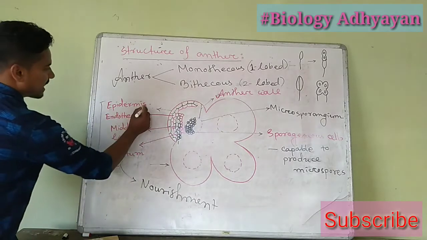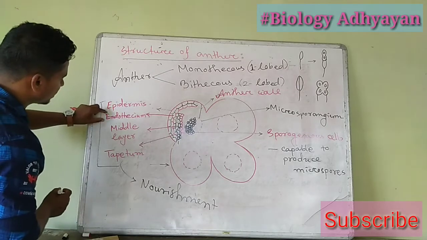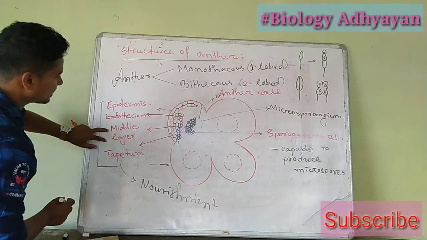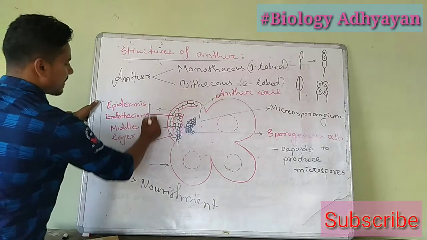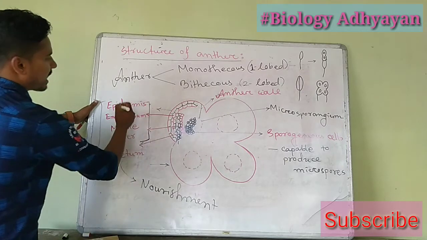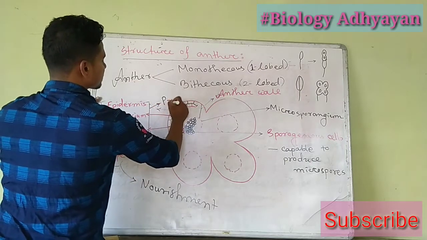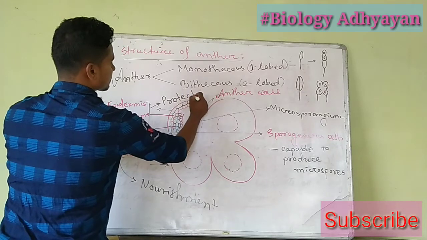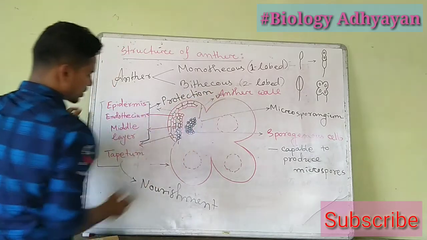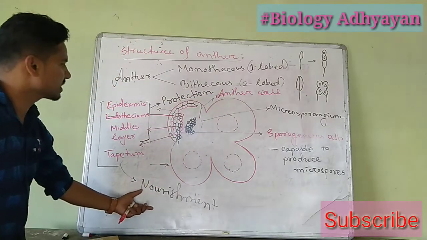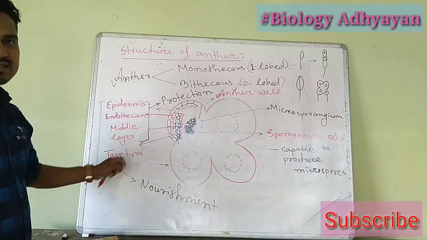These three layers, epidermis, endothecium and middle layer, basically provide protection, and the tapetum provides nourishment to the sporogenous cells.